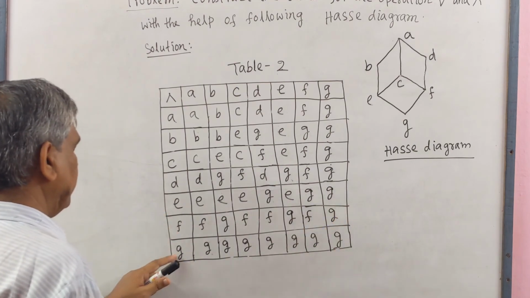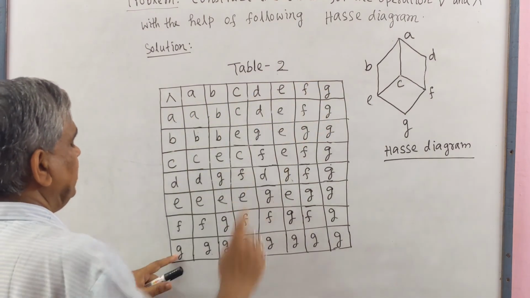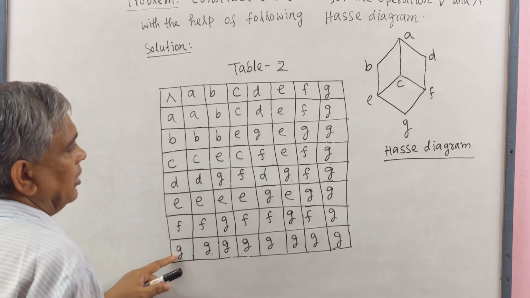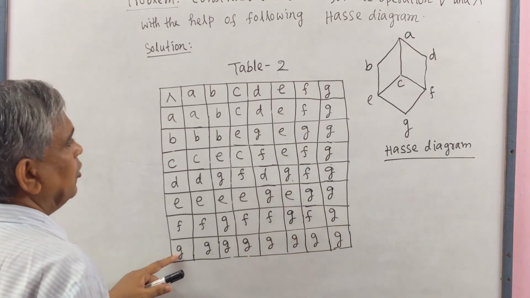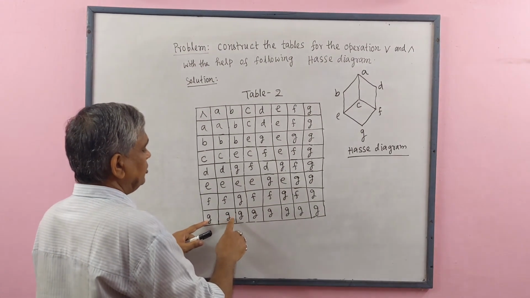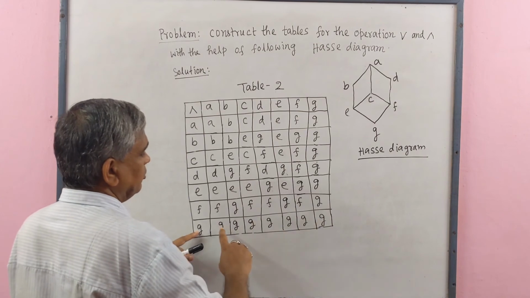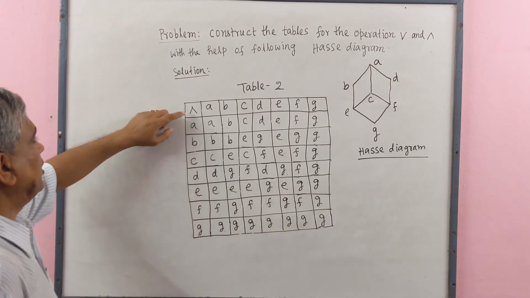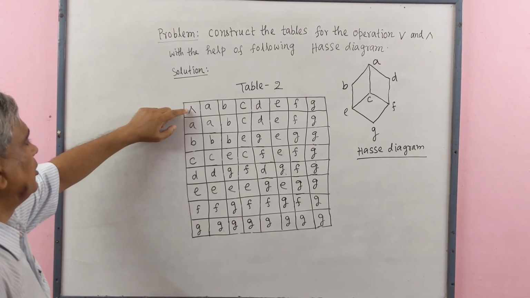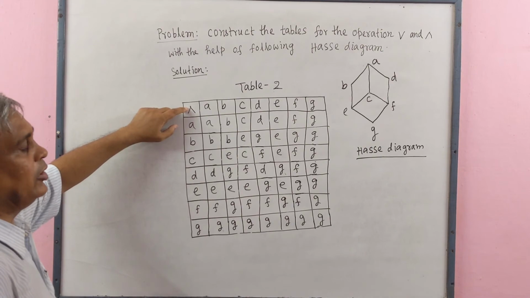Here we operate with G with other elements. Since G is in the lowest position, the operation will give the result G. So this is table 2 for the operation of meet, that is, to find infimum.